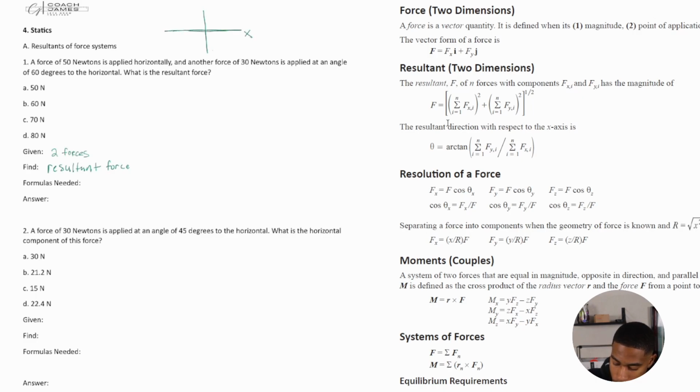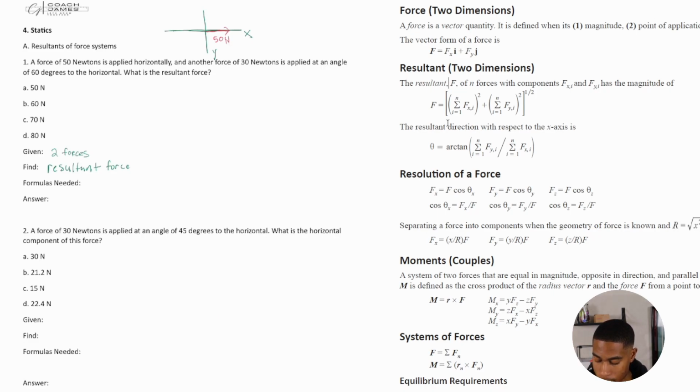This is X, Y. Okay, so one of the forces is 50 newtons horizontally. Let's say this force is 50 newtons. I know I'm drawing small, but it's only in the horizontal, going to the right. It doesn't say a negative, so I'm drawing it in the positive direction.